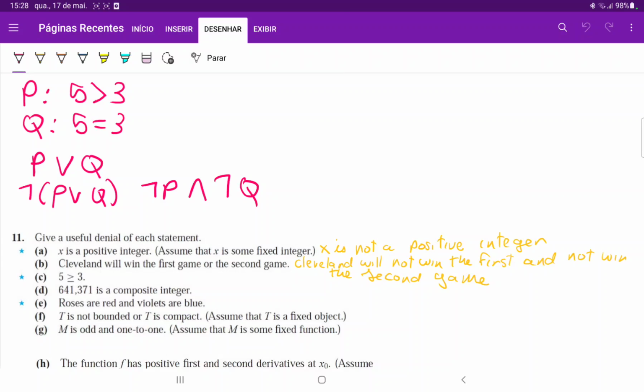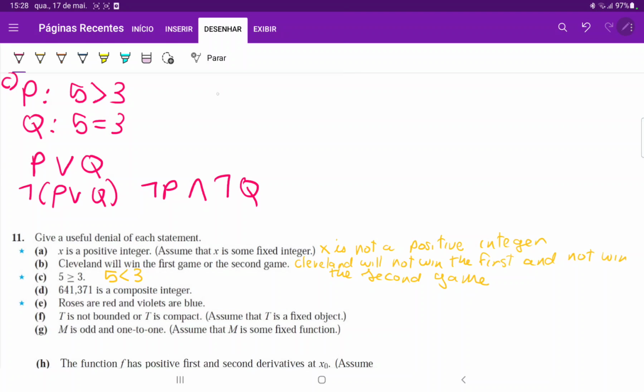If 5 is not greater and 5 is not equal, the only thing that's left for us is to say 5 is less than 3. That's the only other way that it could be, right? So the denial here is 5 is less than 3. Okay, so this was C.